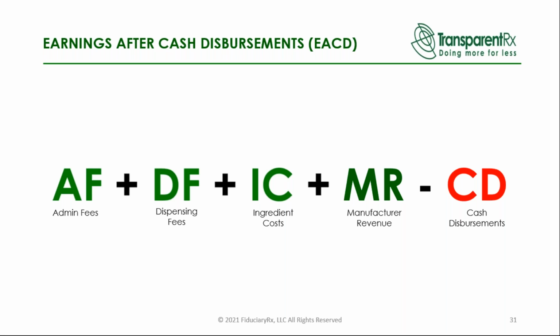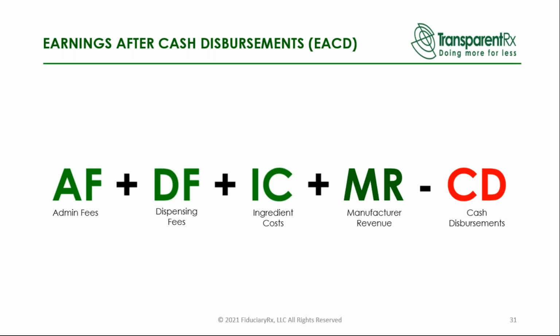So the earnings after cash disbursements is a fancy way of saying the PBM's fee. What are they charging to manage your pharmacy benefit, to manage your client's pharmacy benefit? Everything in green lands in the PBM's bank account. The PBM, if it is not fiduciary, is trying its best to hold on to as much of what's landed in their bank account as possible. And that means that it is going to charge its clients more for the same drug it paid a pharmacy.